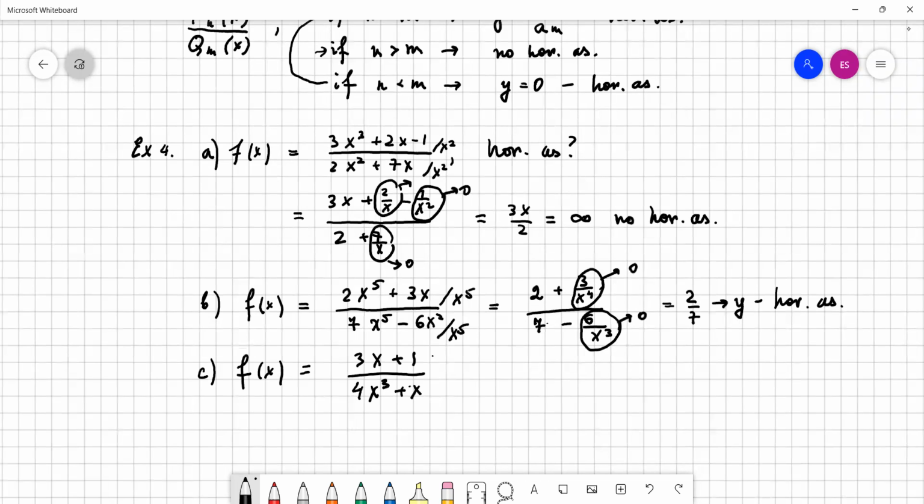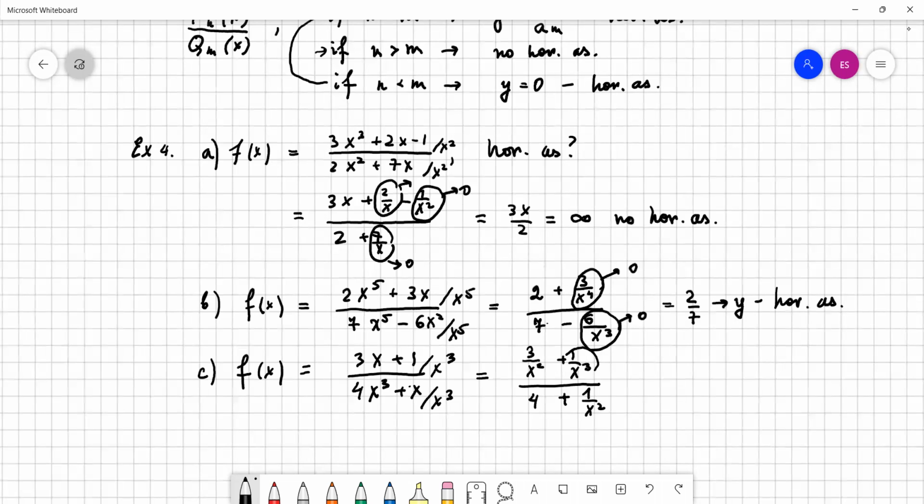So I'm going to divide by x cubed here and by x cubed here. Well, here, because I have x divided by x cubed, I'm going to have 3 over x squared plus 1 over x cubed. Here, 4, and here, 1 over x squared.